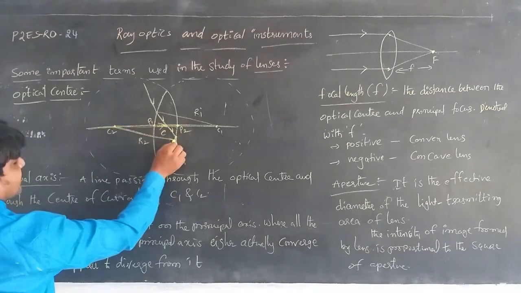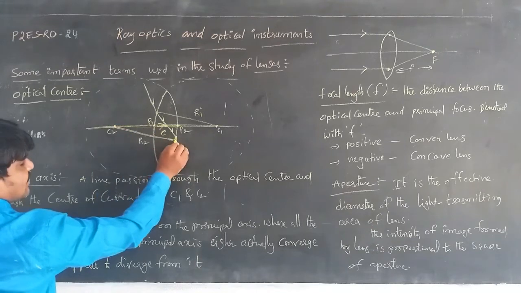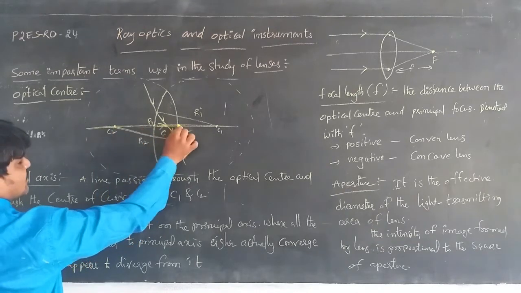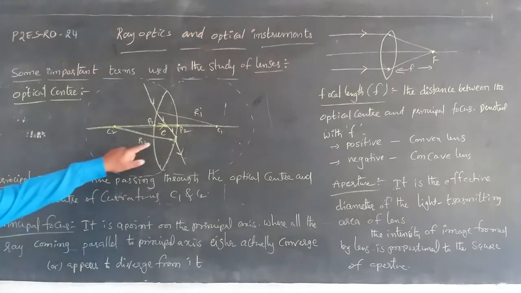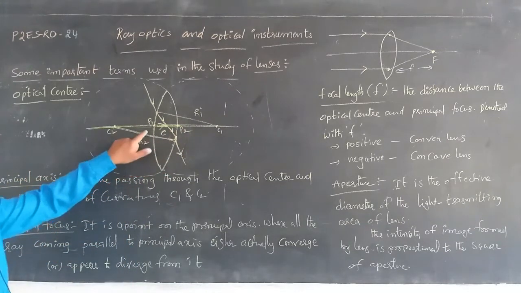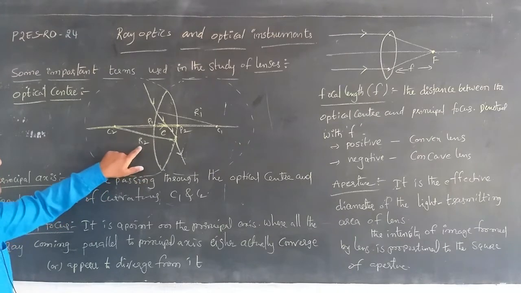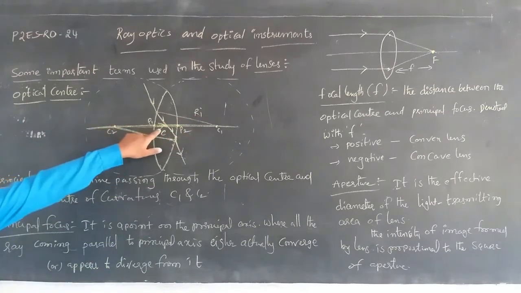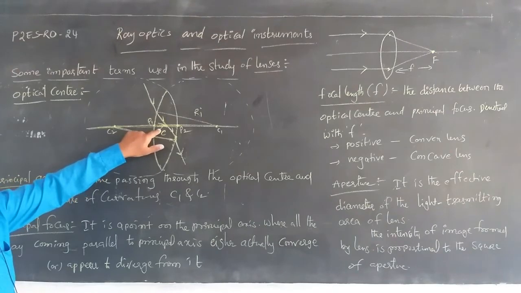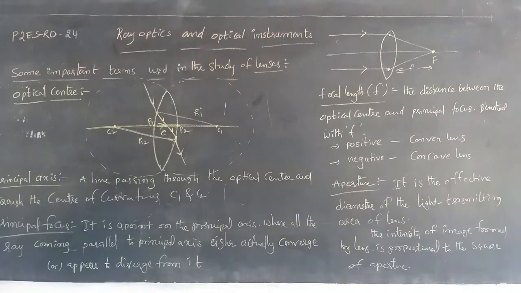This is the second one, so R2, and this is the first one, so R1. The optical center is the point which divides the thickness of the lens with respect to its radii of curvature. That is about the optical center.